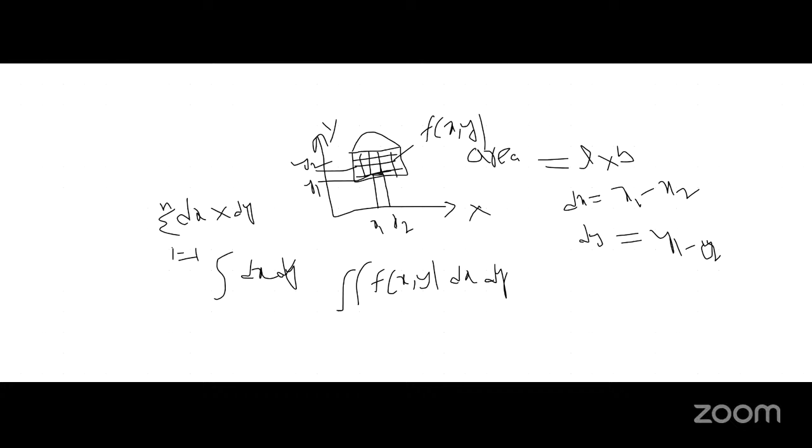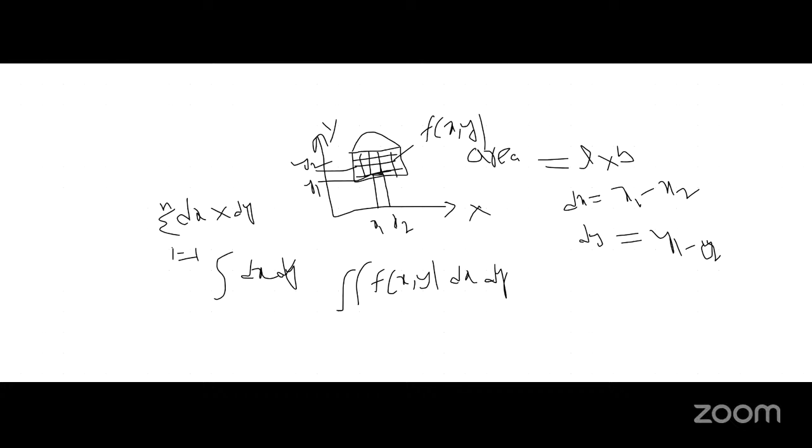So to calculate the double integration, we take one rectangle and divide it into n equal parts. Every part's area we calculate as dx into dy. For n parts we write the summation i equal to 1 to n of dx dy.